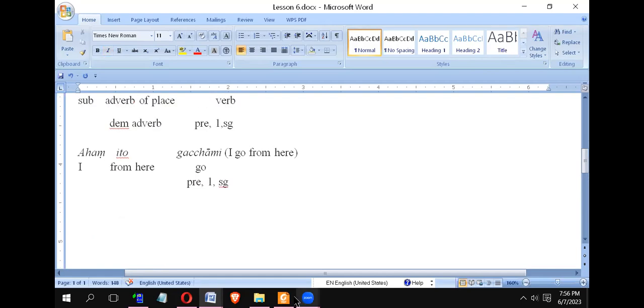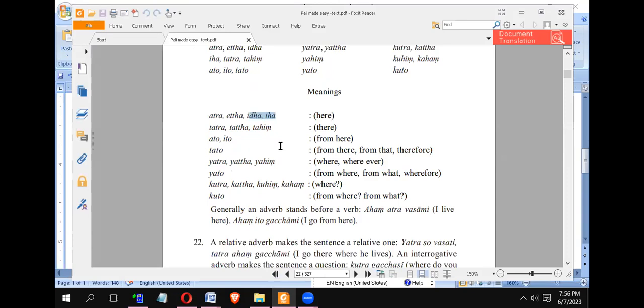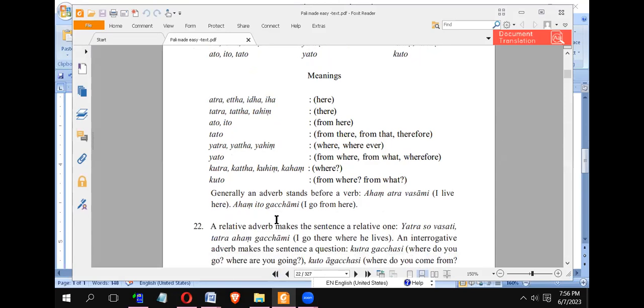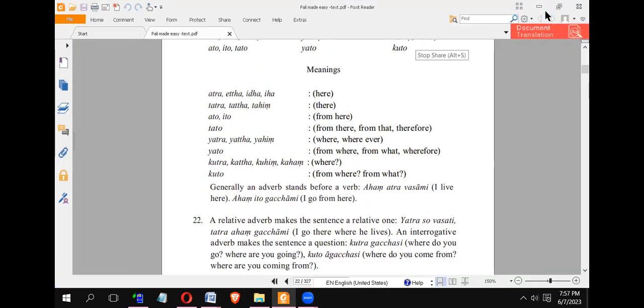Now, I think so far you see you got how many forms already? Atra, eta, ida, iha. Ida and iha actually are related to each other. All right. Now what we do is, I think some people will find this difficult to see. What we do is we can do a table.